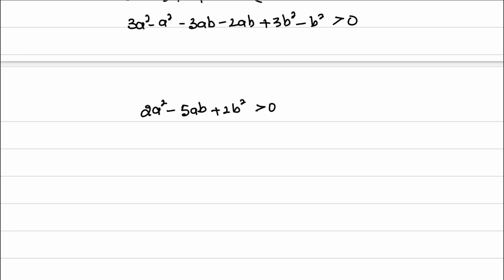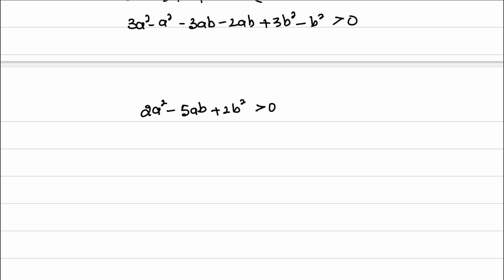It is in the form of a quadratic equation. What are the roots of it? Try to find out.